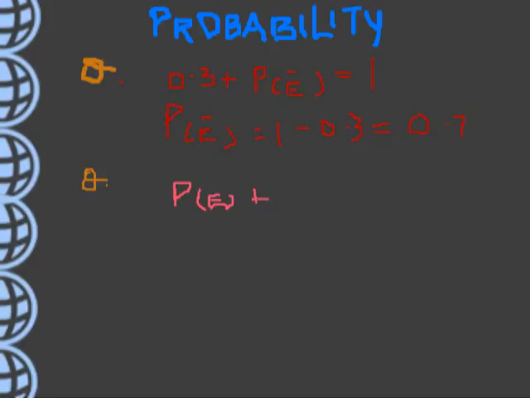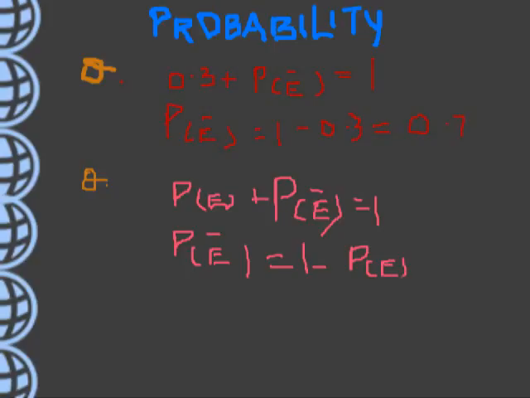Now we have to find the negative event, and we know that the sum is equal to 1. Therefore the probability of the negative event, or non-happening of this event, will be 1 minus P(E). This is our answer. This is what we did in the first question, right? This was the formula in the first question.